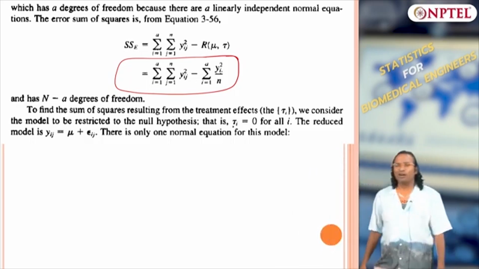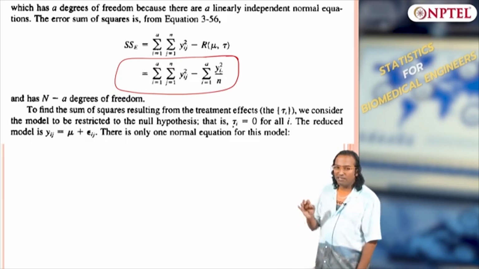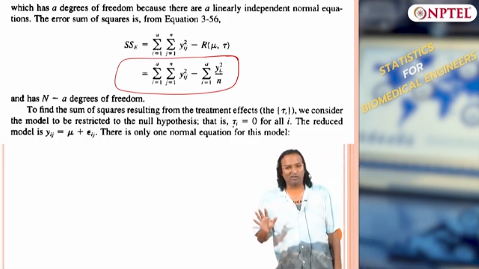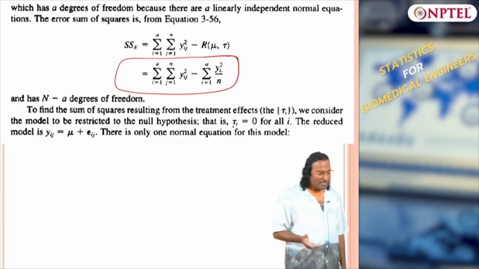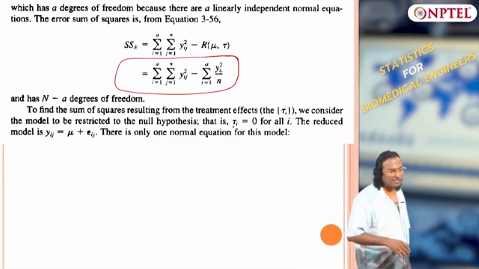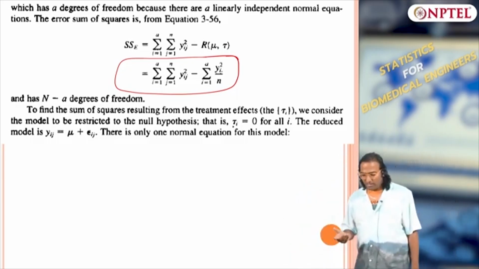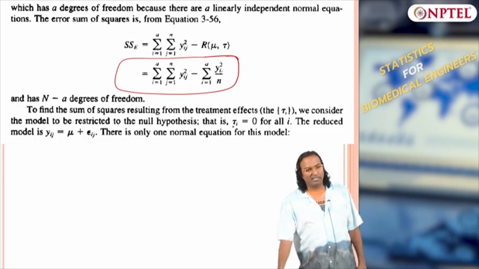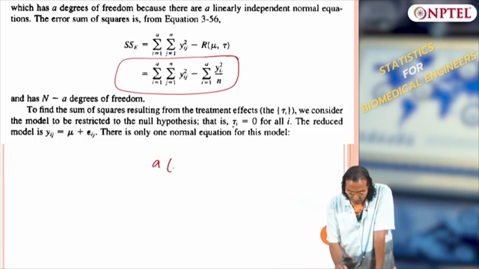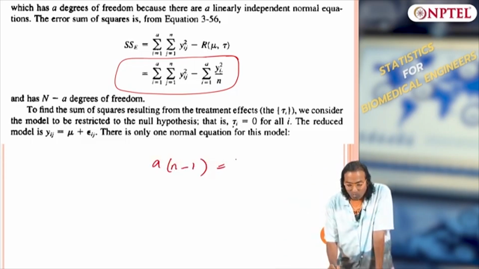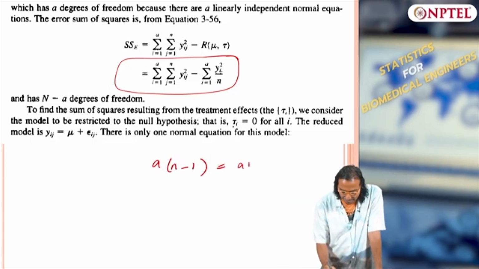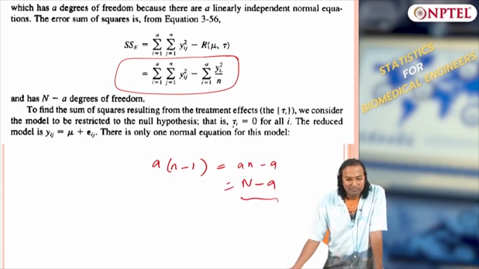So I do not want you to remember anything, we can derive each and everything, okay. So this is your sum squared error, and the degrees of freedom we have already discussed, okay. It is going to be a into (n minus 1), which is nothing but an minus a, that is nothing but N minus a degrees of freedom.